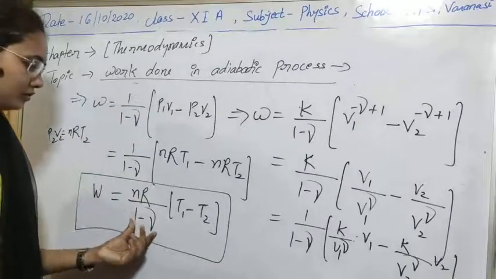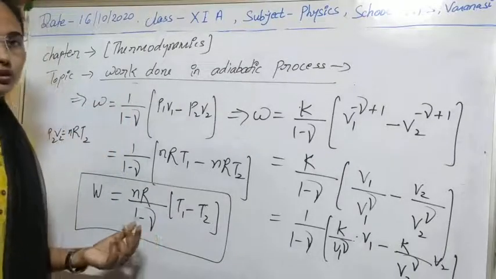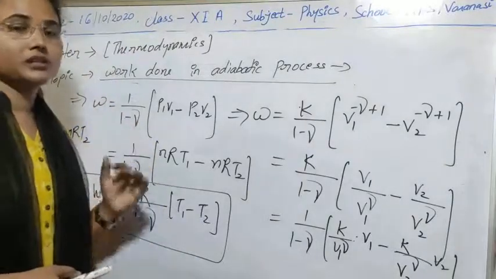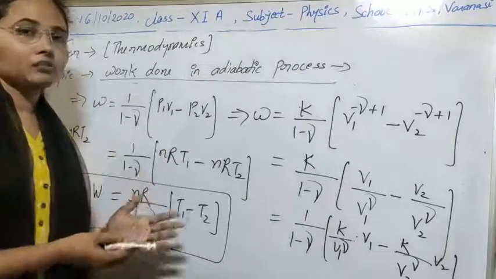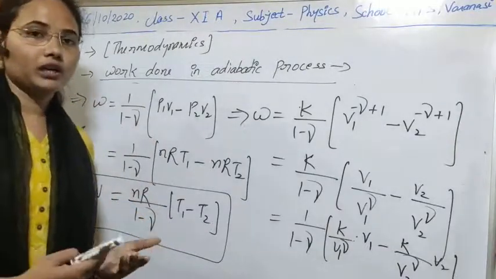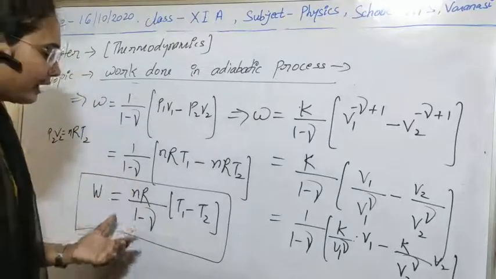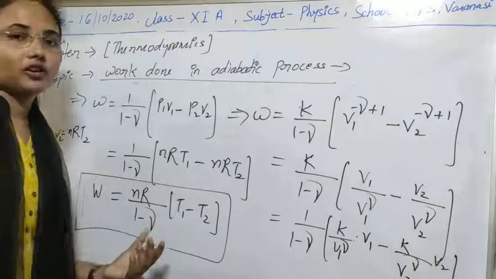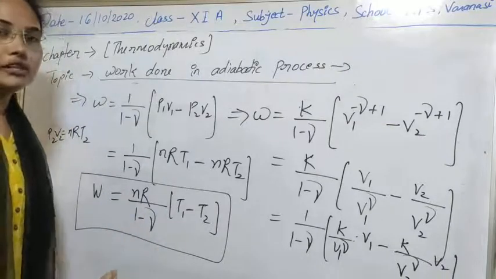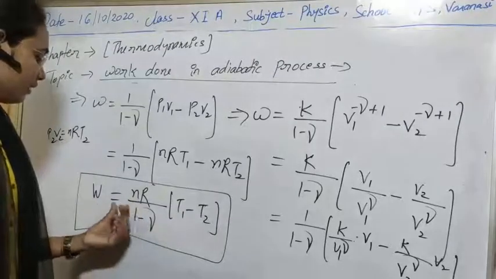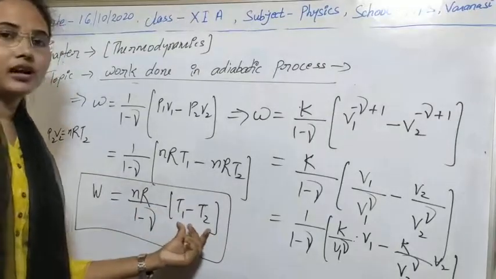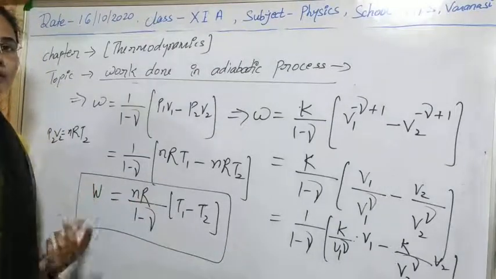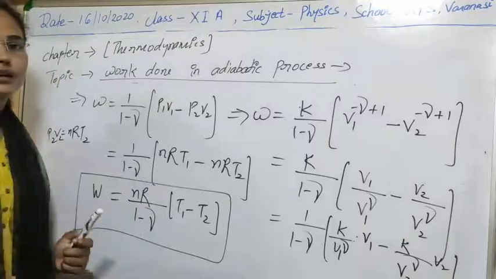And as you know, gamma depends on the atomicity, so the atomicity of the gas will be fixed, the gas can be monatomic, diatomic or triatomic. According to that gamma will have its value, and we can calculate it with the help of degrees of freedom and also with the help of specific heat easily. So these are the constants, and if we know them, then we can easily calculate the work done to expand any gas adiabatically.